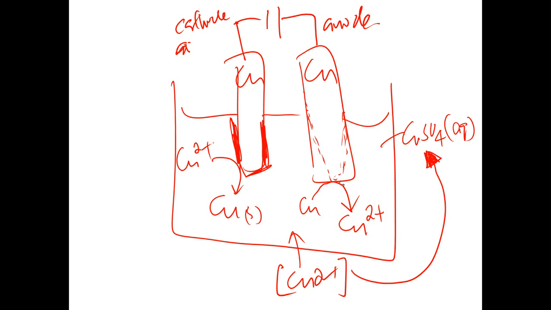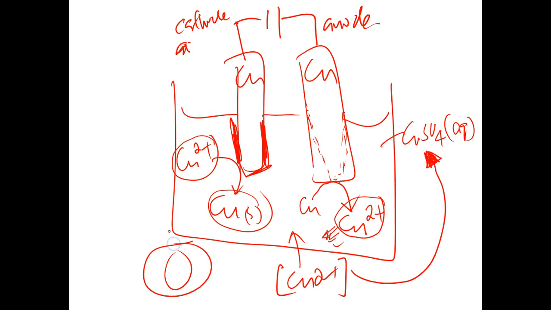Think of it as a cycle: the copper anode is oxidized to Cu2+. The Cu2+ goes into the solution. The solution's Cu2+ is discharged at the cathode. End of the day, one out, one in, one out, one in. The net will be 0. So there's no net change in the concentration of Cu2+. Effectively, by using a copper anode, I put in place a process to continuously replenish the Cu2+ in the electrolyte.